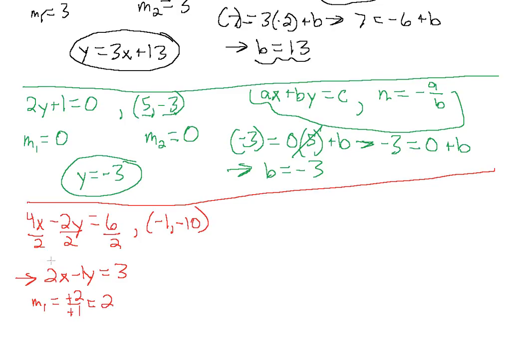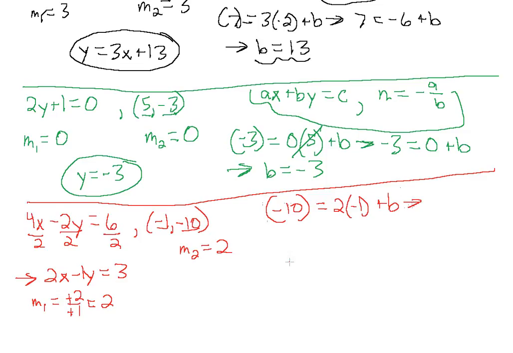And we're looking for a line parallel to this line. So the slope of the second line that we're looking for is also going to be 2. All right, so let's use this along with our point to solve for our y-intercept. We have y equals mx plus b, so y is minus 10 equals our slope, which is 2, times x, which is minus 1, plus b.